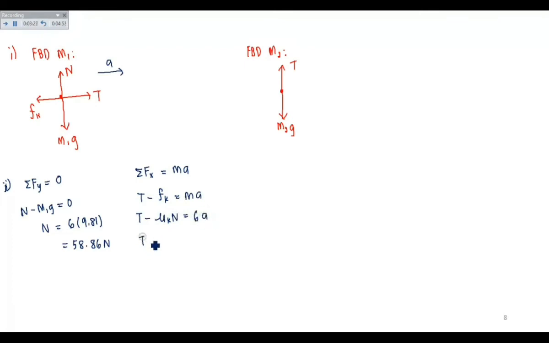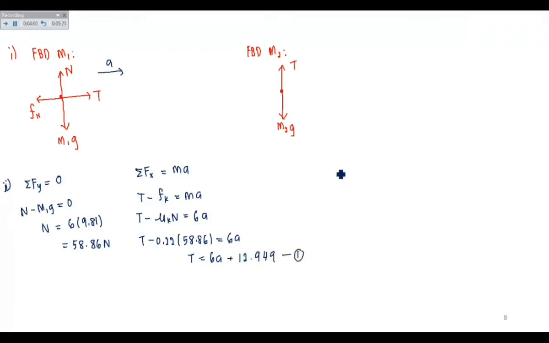So T minus 0.22 times 58.86 equals to 6a. Okay, so kita rearrange this equation. So we will get T equals to 6a plus 12.949. So ini adalah equation yang pertama.